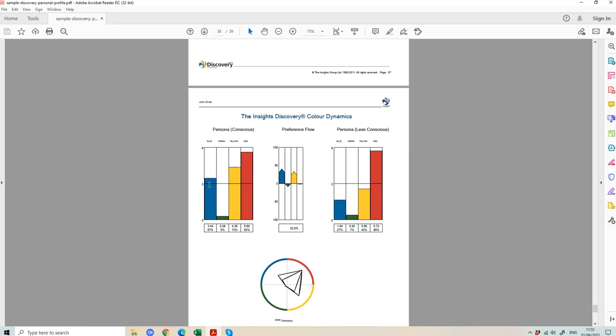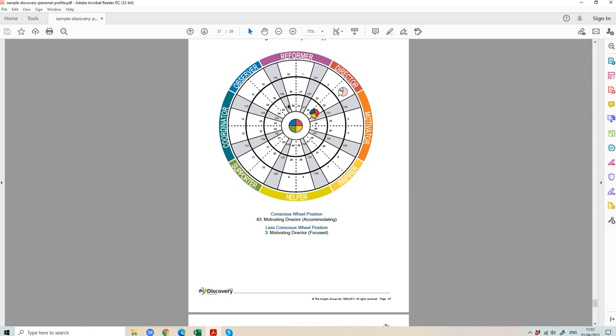This midline represents either 3, 2, or 1 above the midline, and that's going to be driving whether you're an accommodating, a classic, or a focused personality. Some of you may be creative types. You're going to have 2 dots, but if your dots are in the same position, then they're going to be on top of each other.